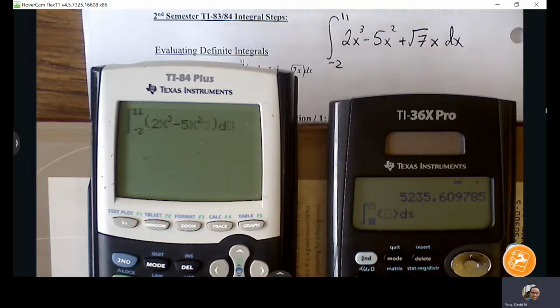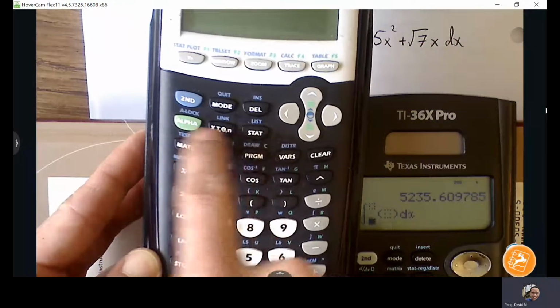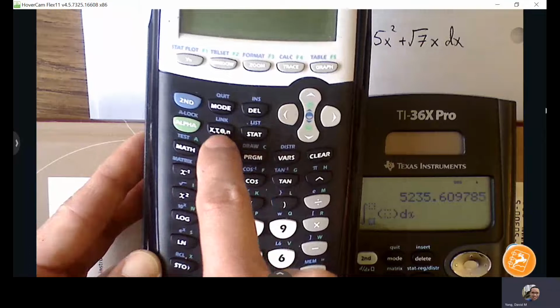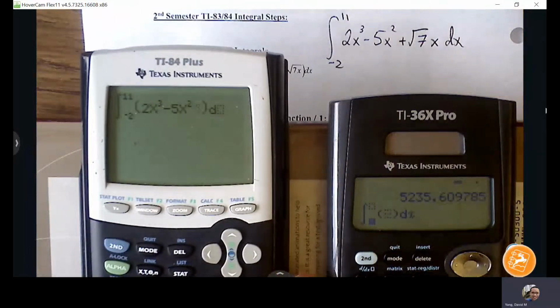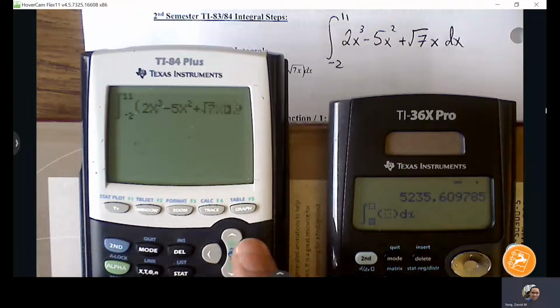How do you get x? The way you get the x button is on that second row. See that link, but yeah, x. And make sure you don't forget about the dx.